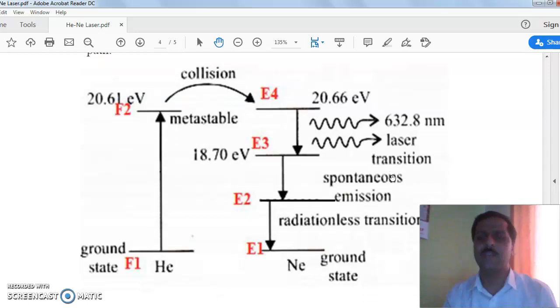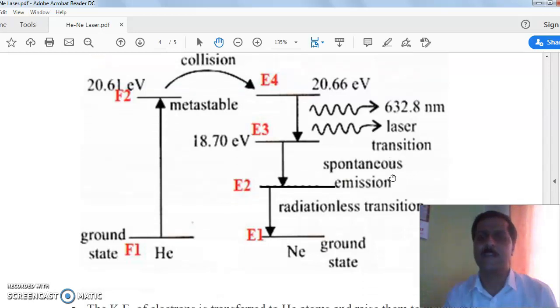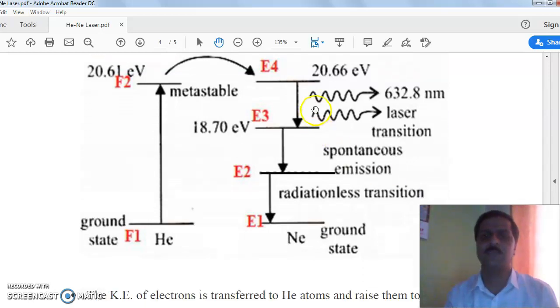After the laser transition, the neon atom goes to the E3 state, an excited state having lifetime 10⁻⁸ second, and after that it spontaneously emits radiation and goes to the E2 state. The E2 state is also an excited state. After emitting radiation spontaneously, some energy remains in the neon atom.